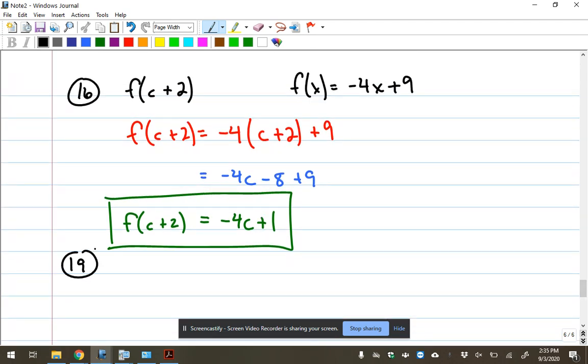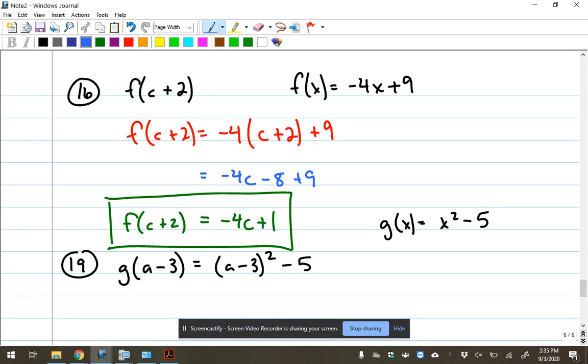Number 19 is using the g of x function, which is x squared minus 5. What are we putting in the place of x? a minus 3, right? This one's a little tougher, so I wanted to do it.